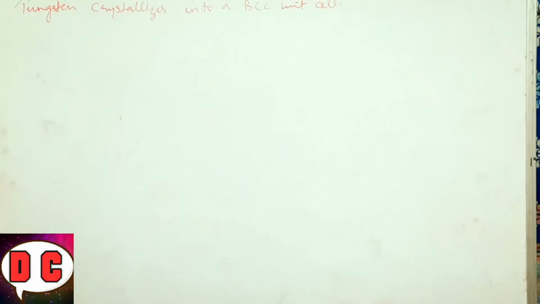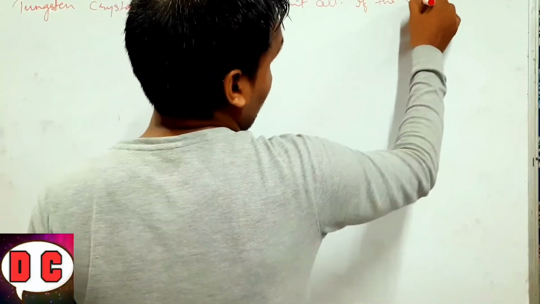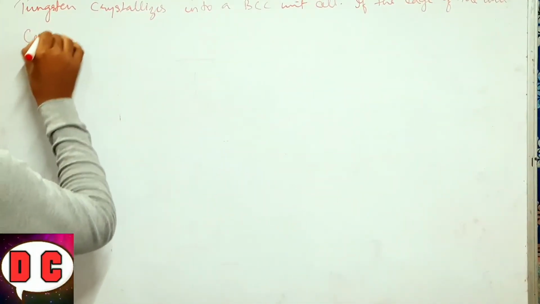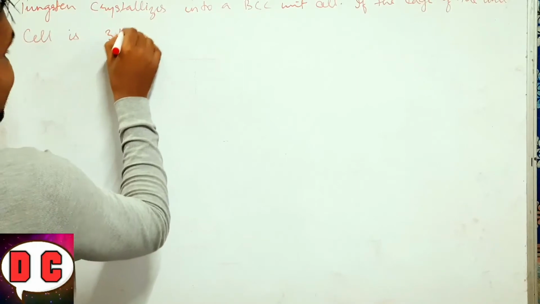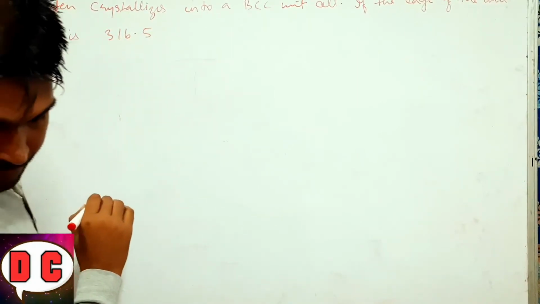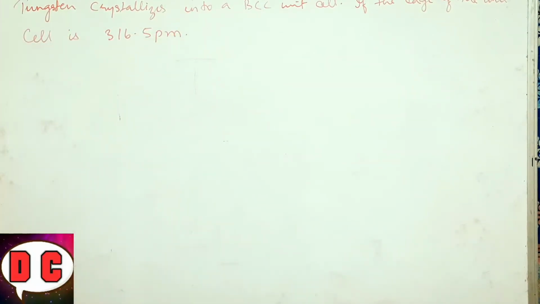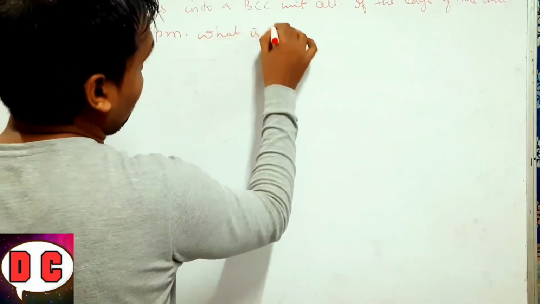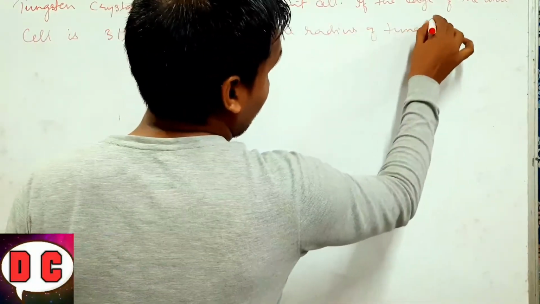If the edge of the unit cell is 316.5 picometer, what is the radius of the tungsten atom?